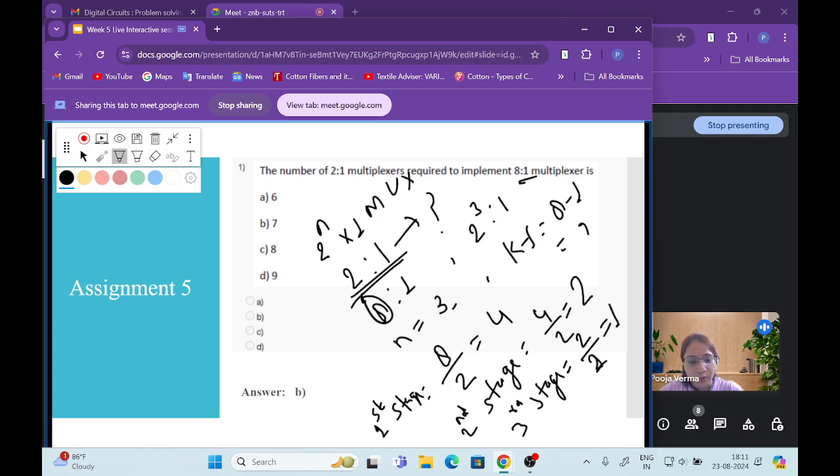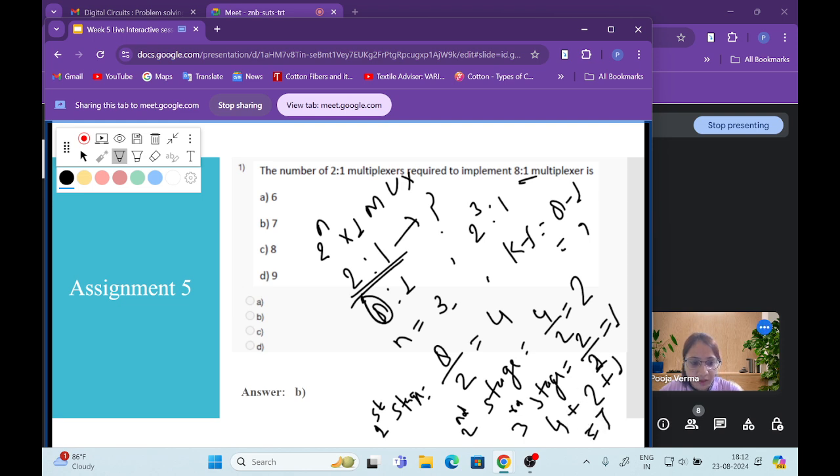Now we have to add at every stage. At the first stage, 4 2:1 multiplexers are required. At the second stage, 2. And at the third stage, we require 1 multiplexer. So it is total 7.